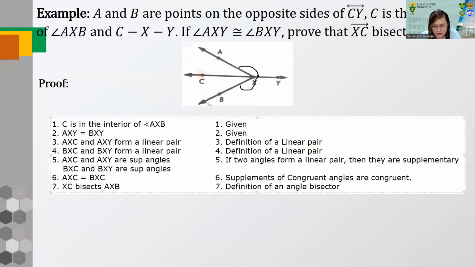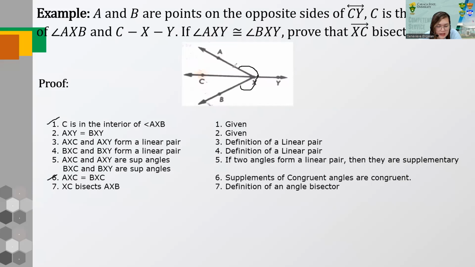Sige daw, tanawa daw. Ka-follow ba mo? Okay, C is in the interior of AXB. Mao man na siya atong basis. Dapat naa siya sa interior. Tapos, ang katong angle nga na-form are congruent. No?